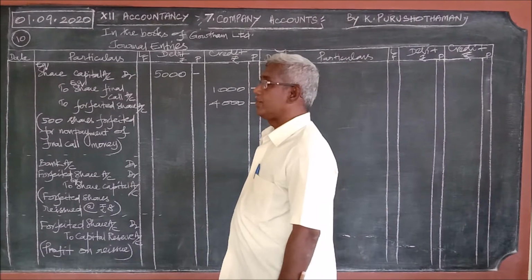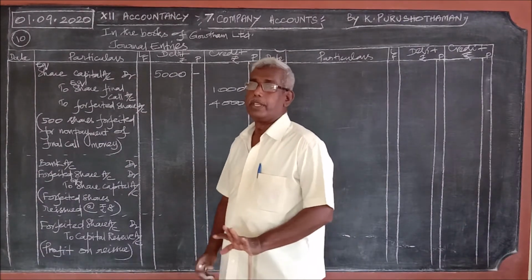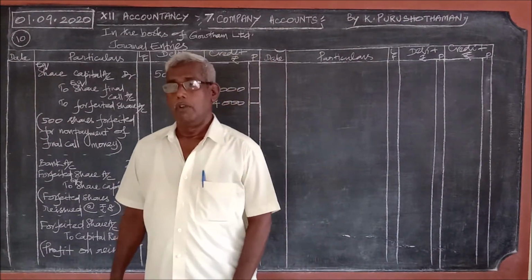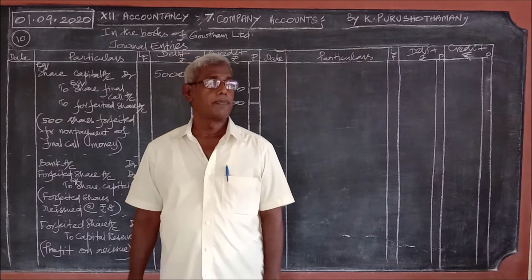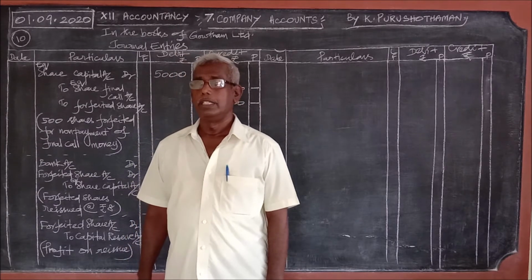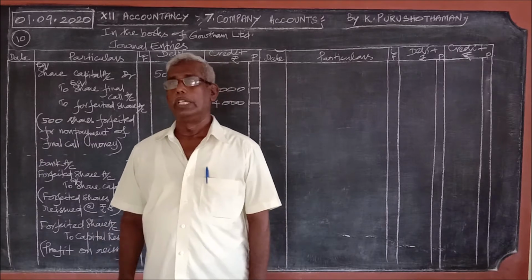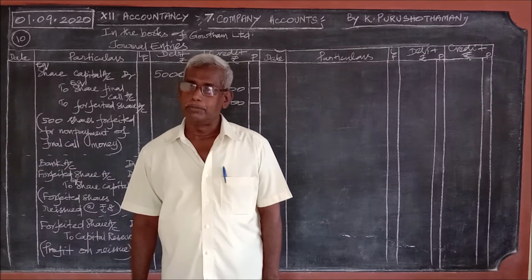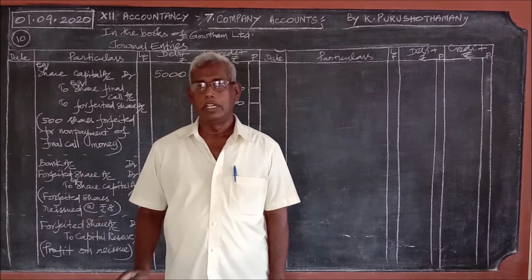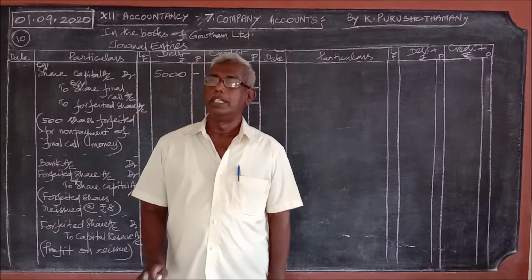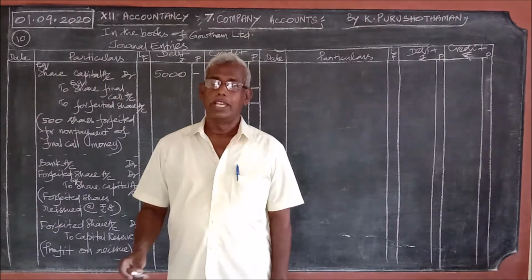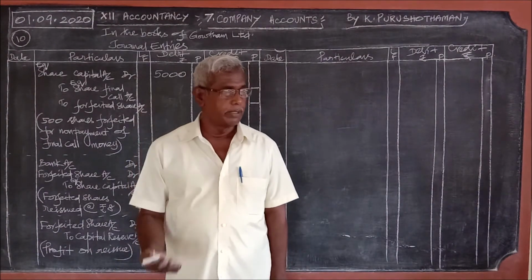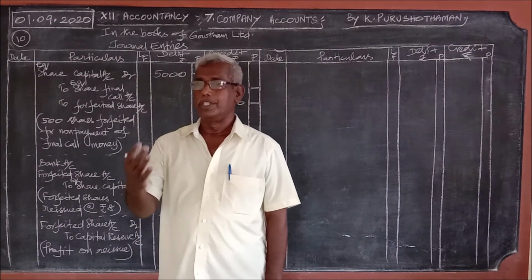But the next stage is reissue. I said, what is forfeiture of shares? When the call money is not paid by the shareholders, the board of directors will give sufficient time to pay the call money or allotment money. If the money is not paid, the shares will be taken back by the company, which is called forfeiture of shares.